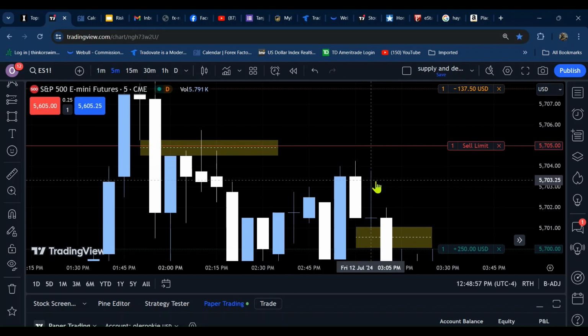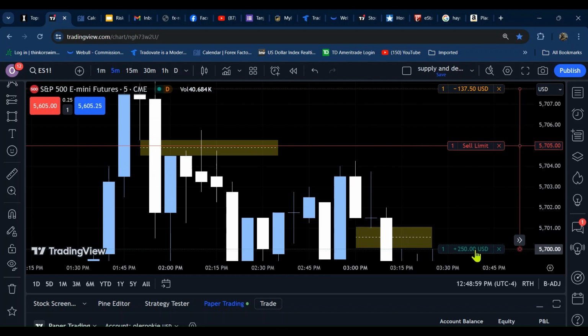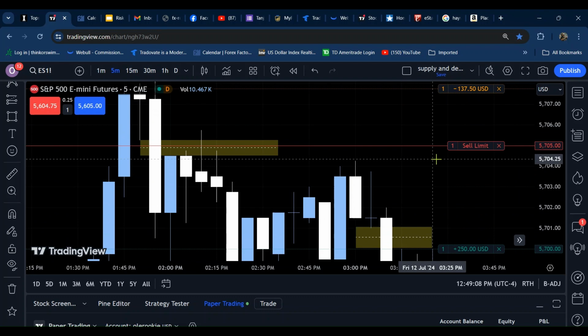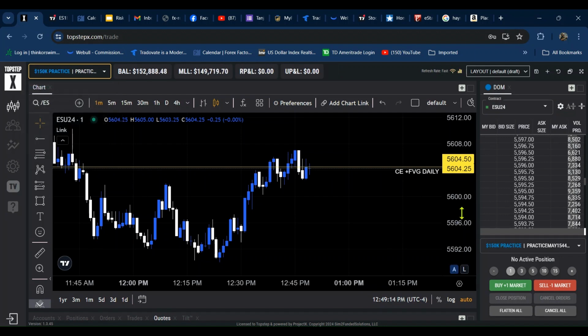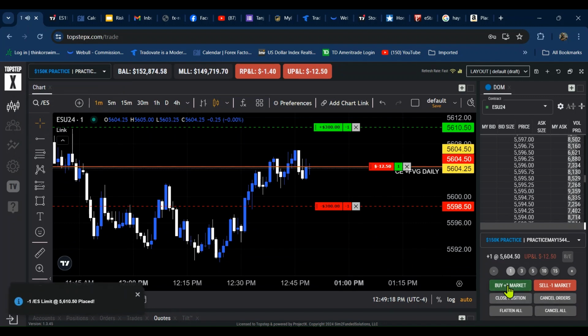Now, one thing about TradingView I don't like, every other program I've used, and there may be a way to set this, but you can set the stop loss and the take profit on my other programs just as soon as you place the order. I'll give you an example over here on my practice account. Let's just say I hit buy. Order filled. See how they come in automatically?